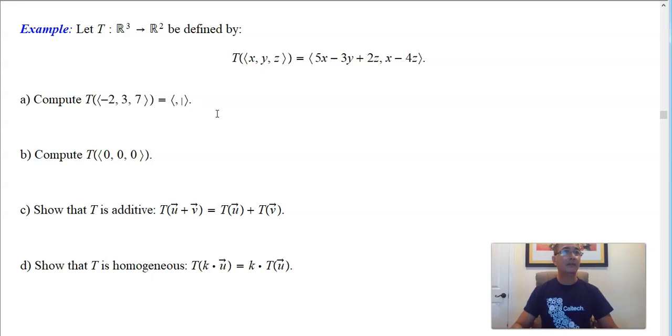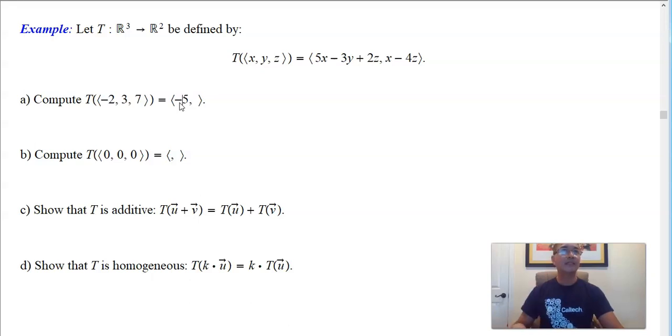I'll make a copy because we are going to do another computation in part B. So, with (-2, 3, 7): negative 10 minus 9 minus 19 plus 14. So I believe that is negative 15. Oh, I'm sorry, negative 5. That's right, minus 10 minus 9 plus 14 is just minus 5.